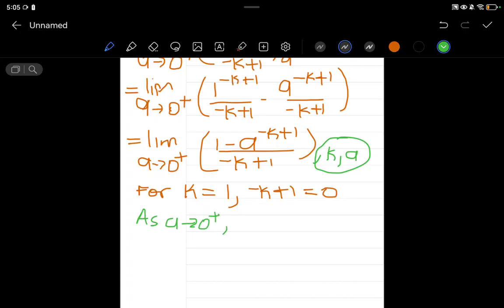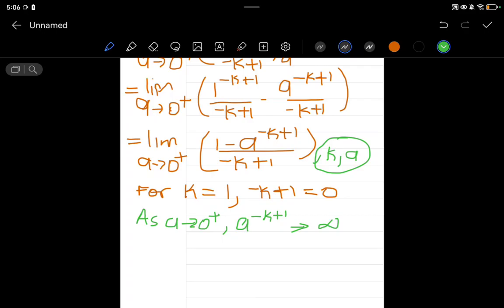Now what will A to the minus k plus 1 approach? This will be 0 to the exponent 0, because minus k plus 1 is 0. So 0 to the exponent 0 will be infinite. So this will approach infinite. Already we know.